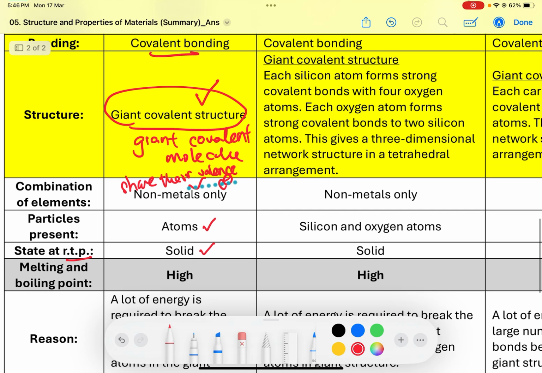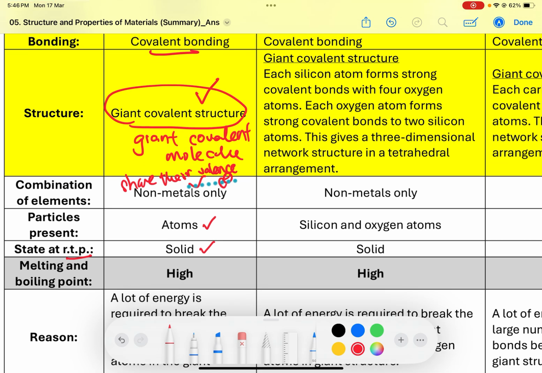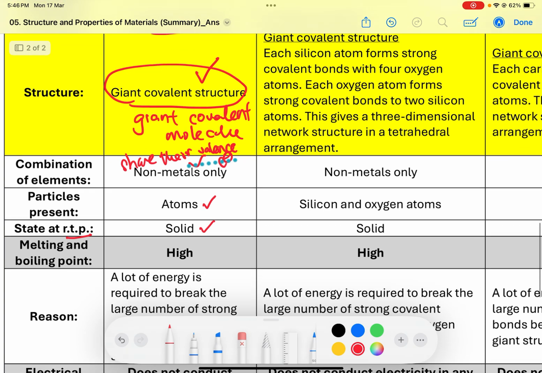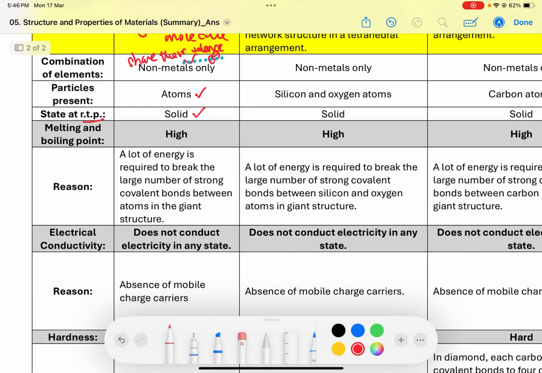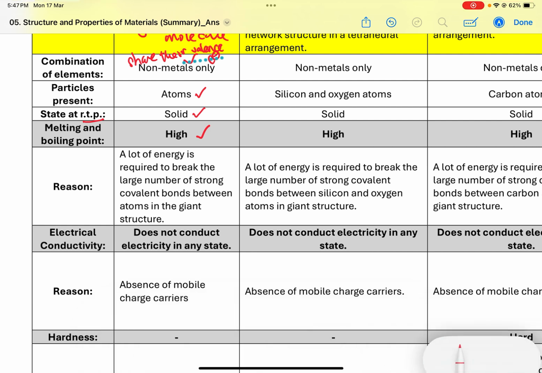So why are giant covalent substances different from simple covalent molecules? Let's compare the three properties first. In general, giant covalent substances have high melting and boiling points. Why high? A lot of energy is required.